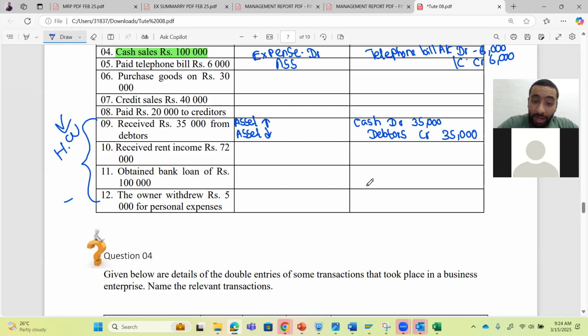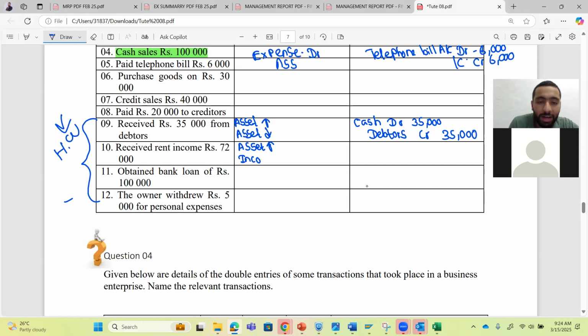Okay, received rent income of 72,000. Now, how to record this? Very simple. Your asset will go up. Why? You are receiving cash. And then your income will also go up.